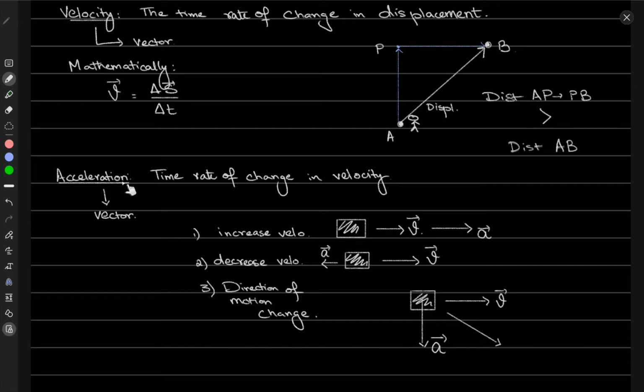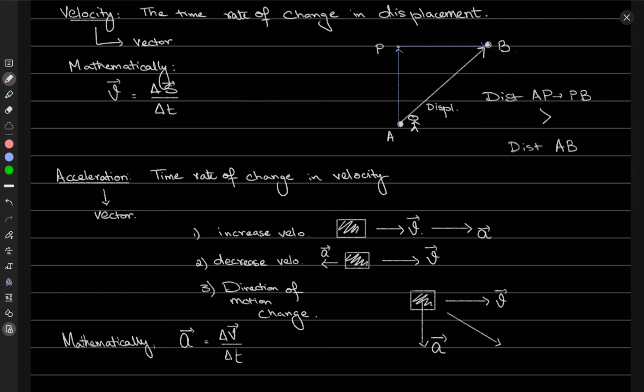Similarly, acceleration is the time rate of change of velocity. So mathematically, you can also write an expression for acceleration, where a vector is the acceleration, and that is simply equal to the change in velocity vector divided by the time that it takes to change this velocity, delta t.